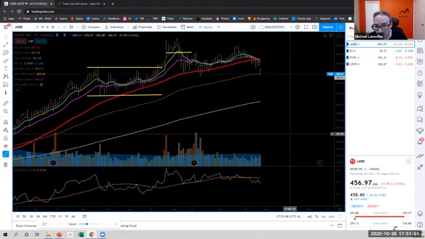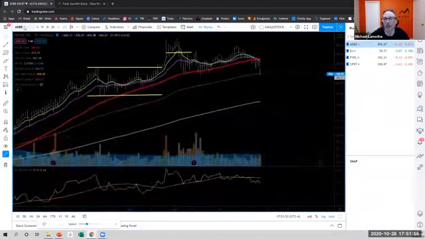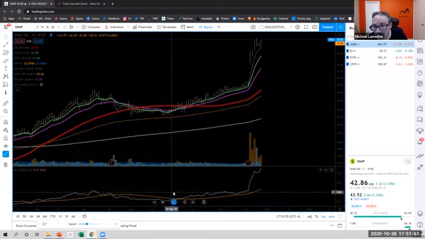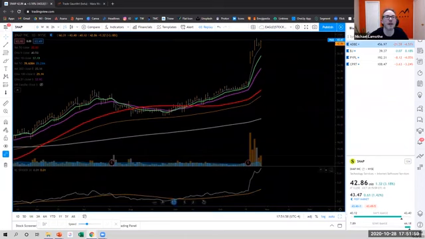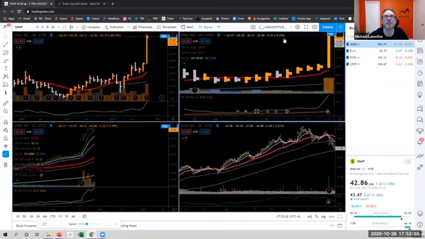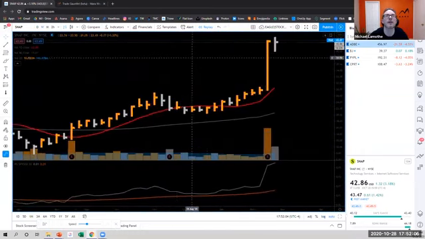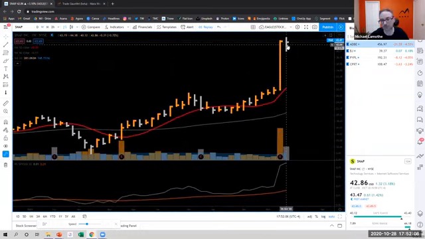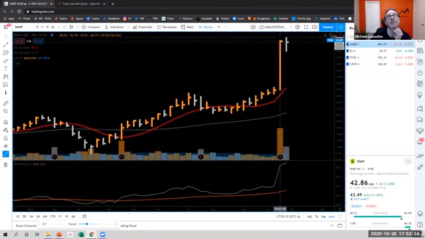Let's answer Tashan's question about Snap. Would you consider Snap the beginning of a short stroke setup? Let's zoom out to the weekly and see. If it did not break out already, it would.